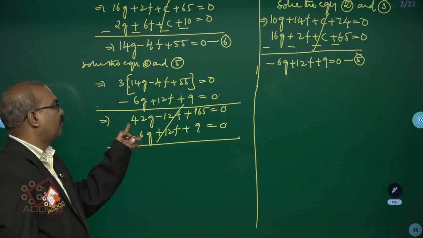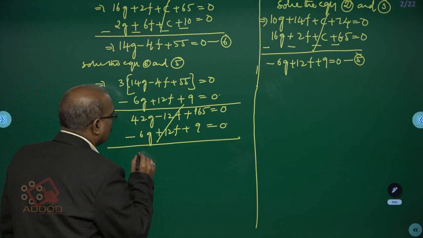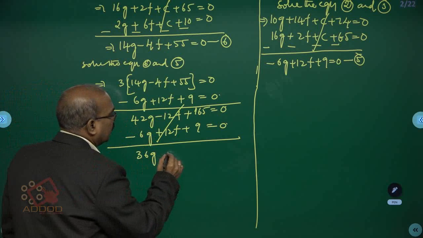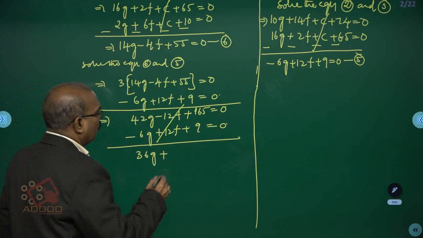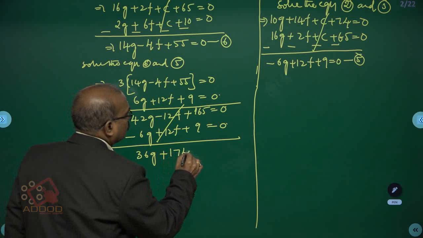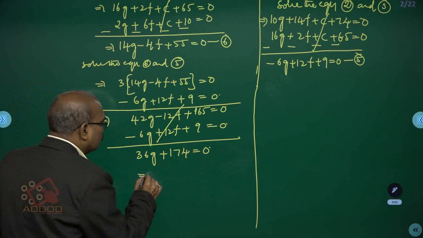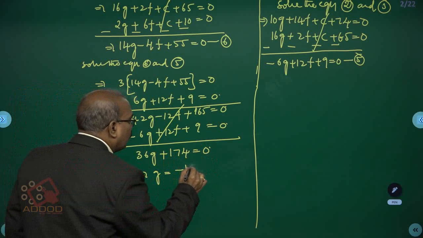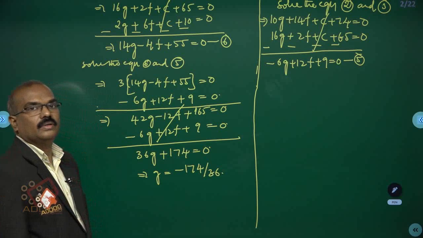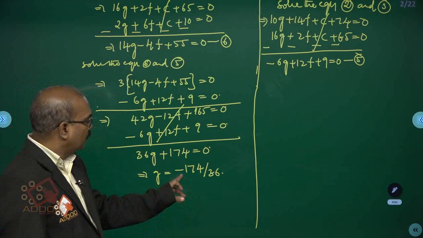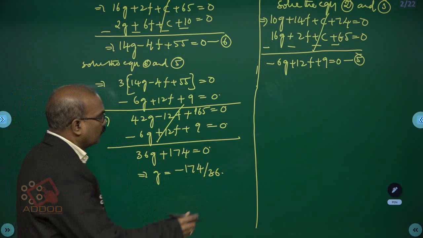Okay. So now 42G minus 6G, that is 36G. 36G plus this is 165 plus 9, 174 is equal to 0. So that is G is equal to minus 174 by 36. Okay? So 174 by 36.